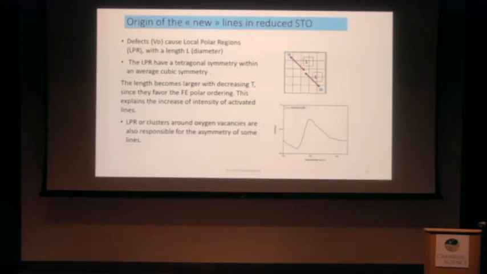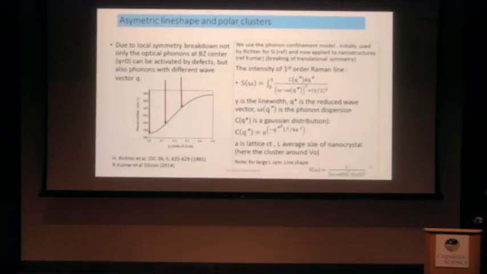That means that you have a breaking of Raman selection rules, which can induce the observation of first-order lines. Another important point is that these clusters around oxygen vacancies are also responsible for the asymmetry of some lines. I will show you how in a few minutes.